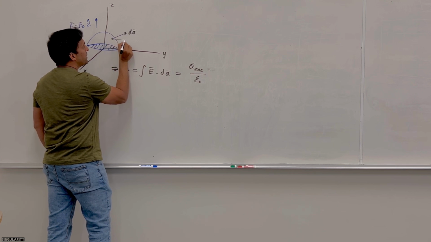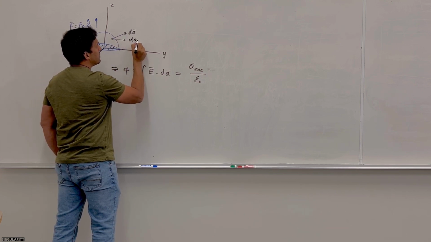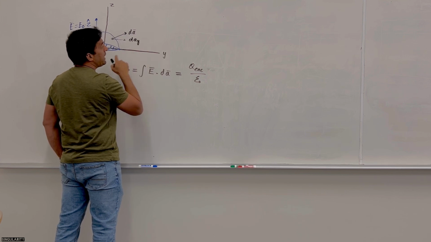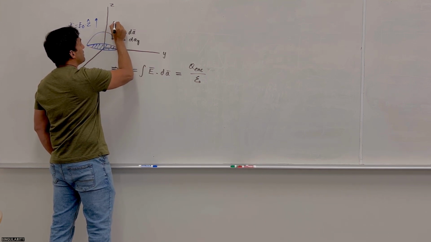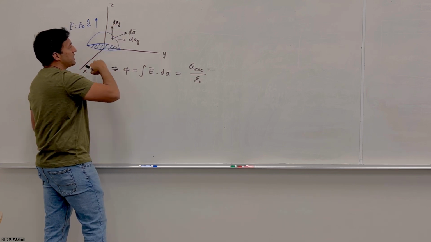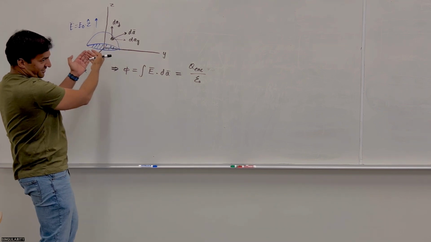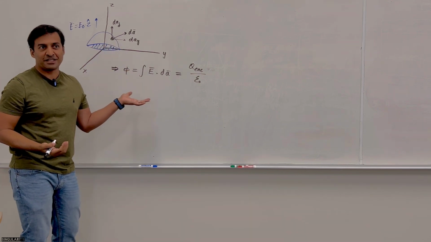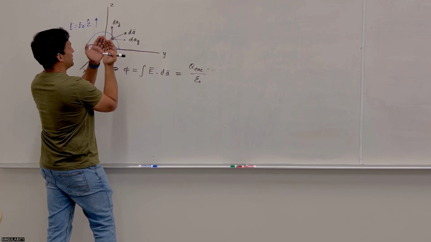The y component will be in this direction, so this will be dAy along the y-axis. Similarly, the small area element along the z-axis will be this one. What about x? Since it's the third axis, and the third axis is in this case coming out of the plane of the board, the dAx would be out of the plane of the board.